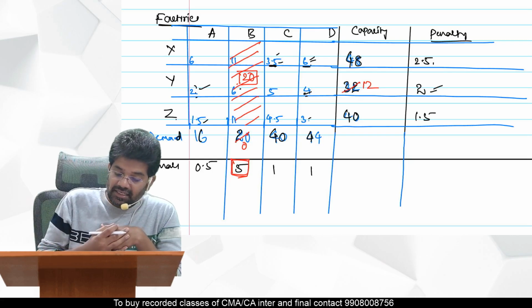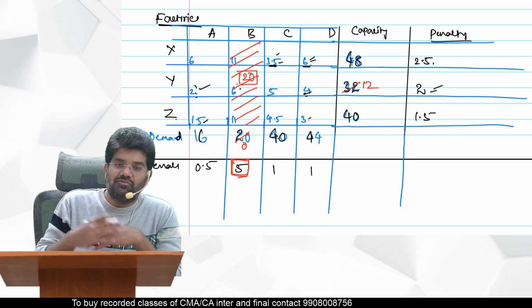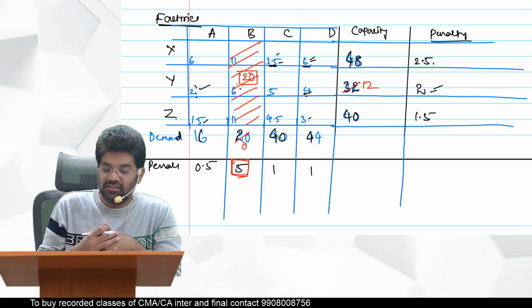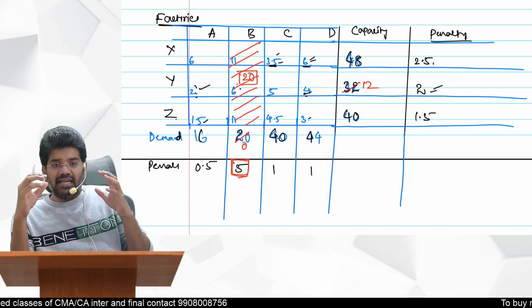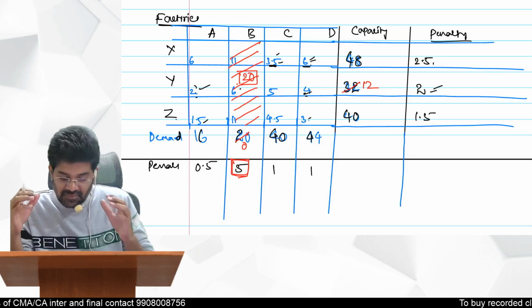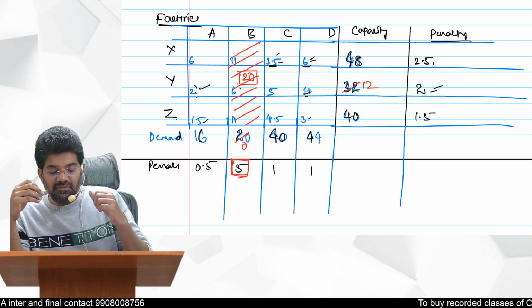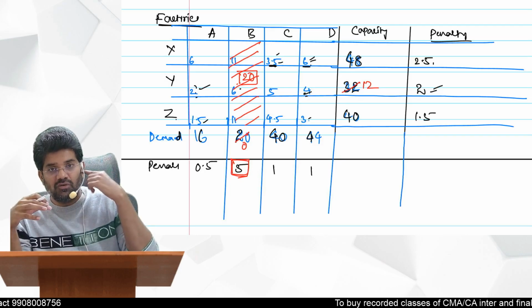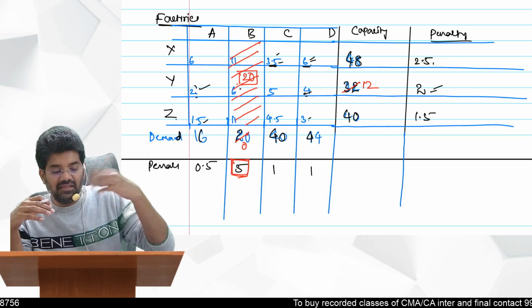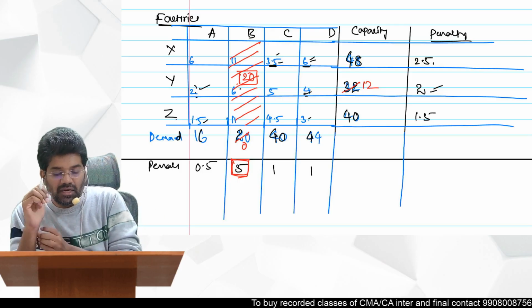Done. Next, the second time we should follow the same procedure. So what is the logic of calculating penalty here? Out of the penalties we are selecting the maximum, and out of that also the least cost, giving the maximum quantity.